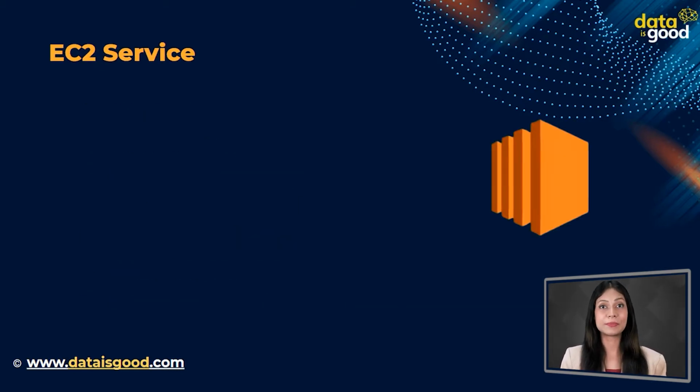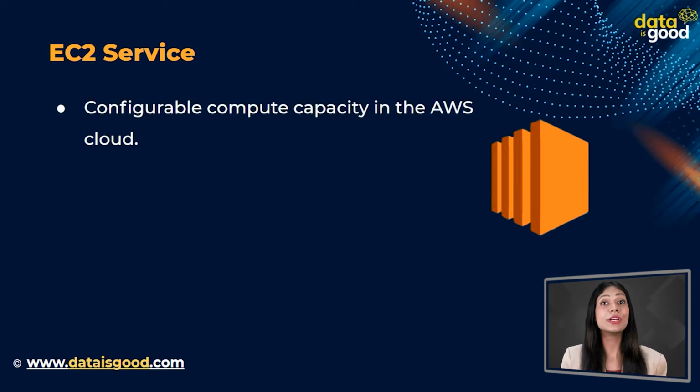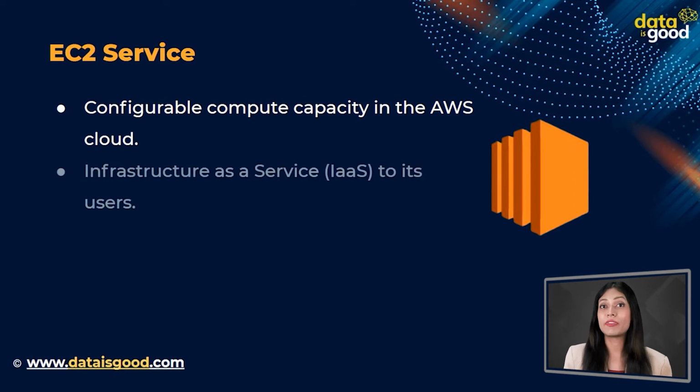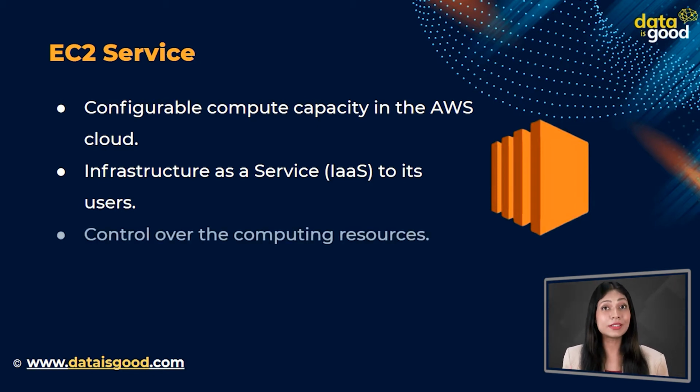EC2 service. AWS EC2 or Elastic Compute Cloud is an Amazon Web Service that provides configurable compute capacity in the AWS Cloud. It provides infrastructure as a service, that is IaaS, to its users. EC2 service gives us complete control over the computing resources, which we can scale as per our needs.